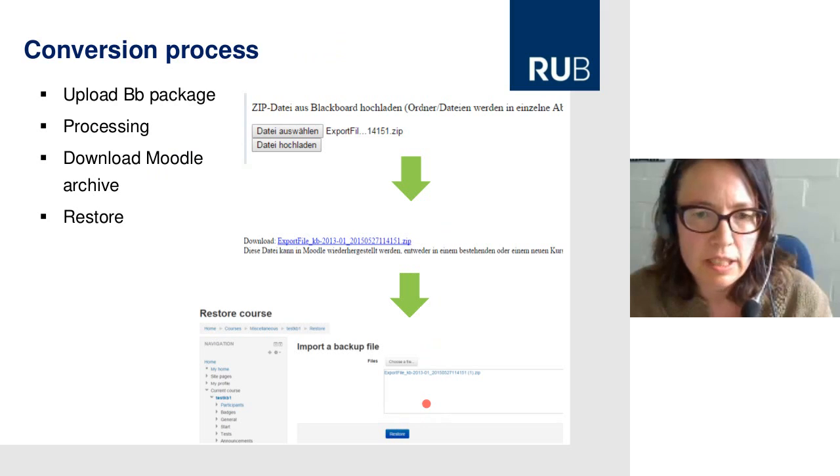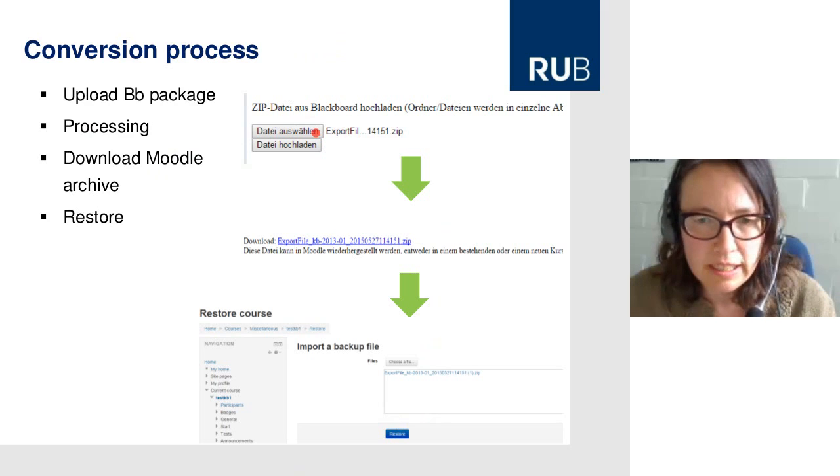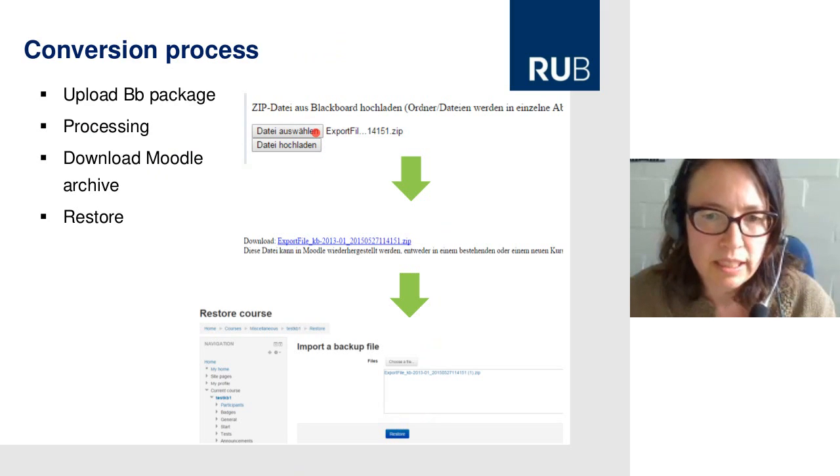You have an archive of a Blackboard course, and then you go to an internet page, shown here. At this page, you pick the file and upload it, and then it gets processed. It takes a while, and then you get a zip file.